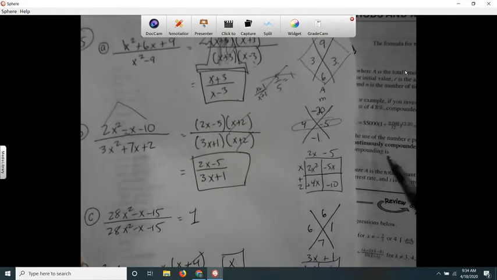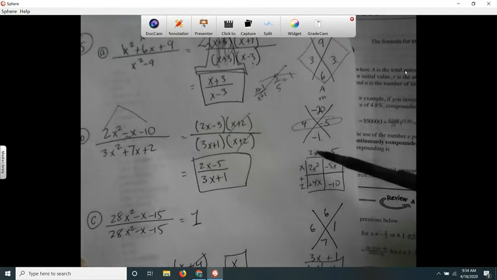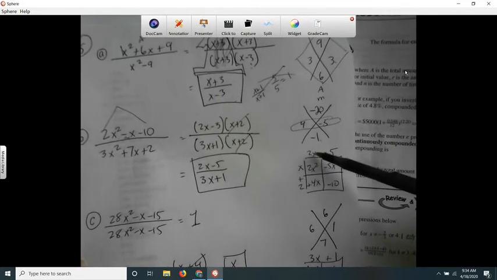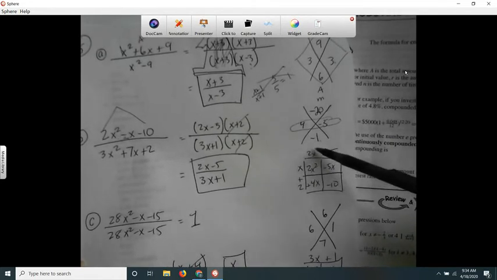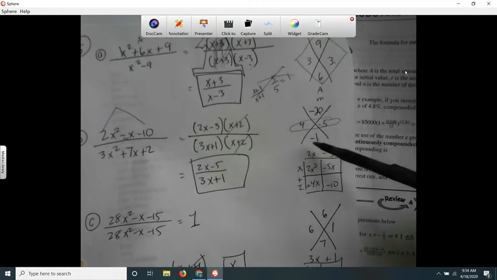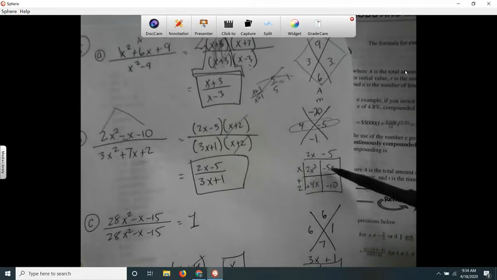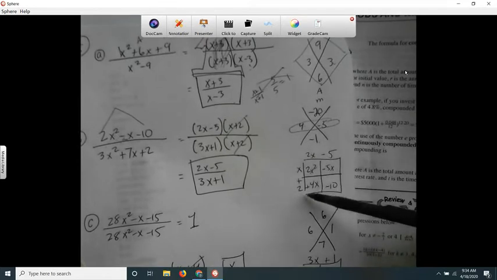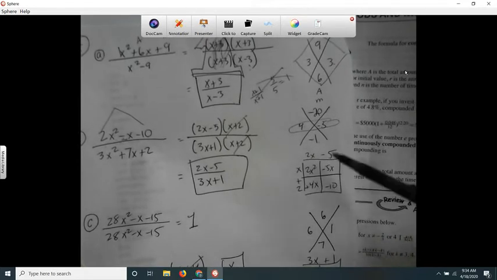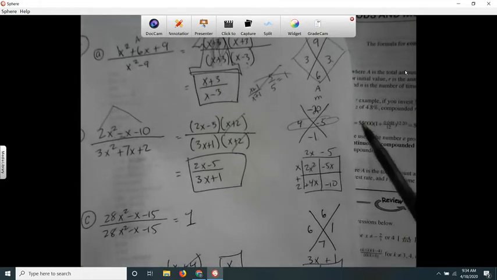So really the only way I can situate this is where I have to put the 2x up here because 2x goes into 4. So this times this equals this. This times this equals this. This times this. I hope that you guys already knew how to do this, and this is just a review.